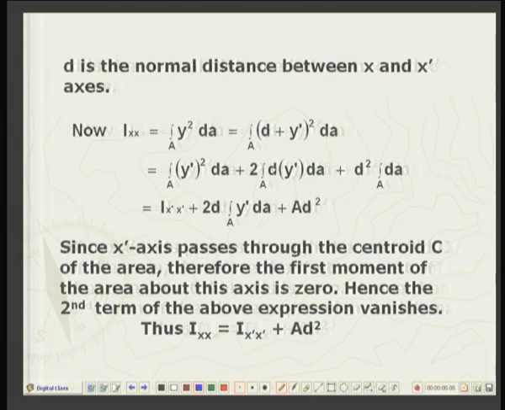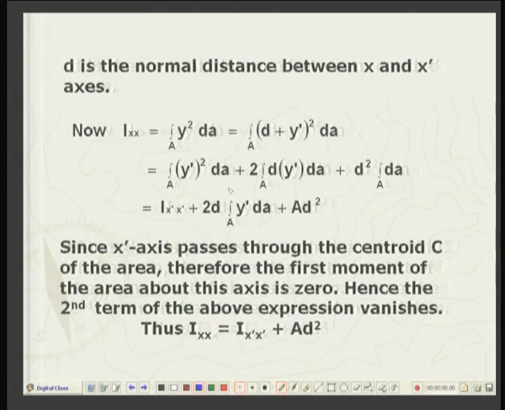This is the yc dash, that is the y coordinate of the centroid in the old coordinate system, that is in the x dash y dash coordinate.